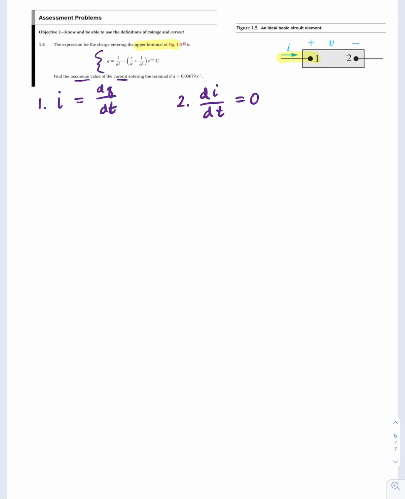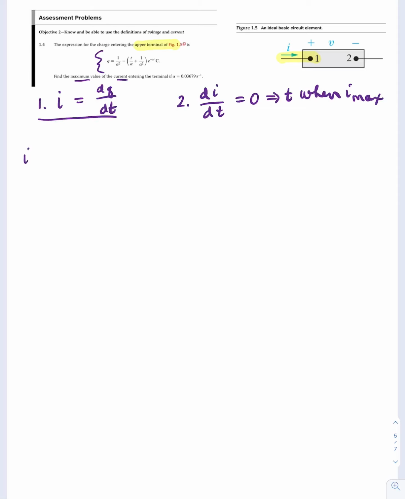And that will give us the time when current is max. Okay, so first let's find the function of current.